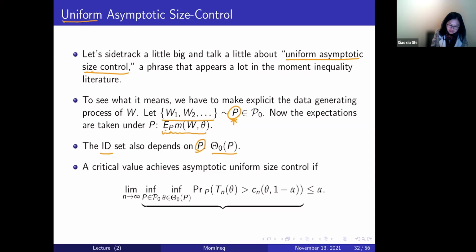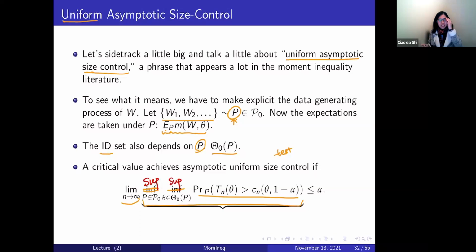So a critical value achieves asymptotic uniform size control if the limit of the inf of the coverage probability, I'm sorry, this is a test, not the confidence set, right? So this is about the test. So the test with the critical value Cn achieves asymptotic uniform control if the limit of, sorry about that, this inf should be sup.